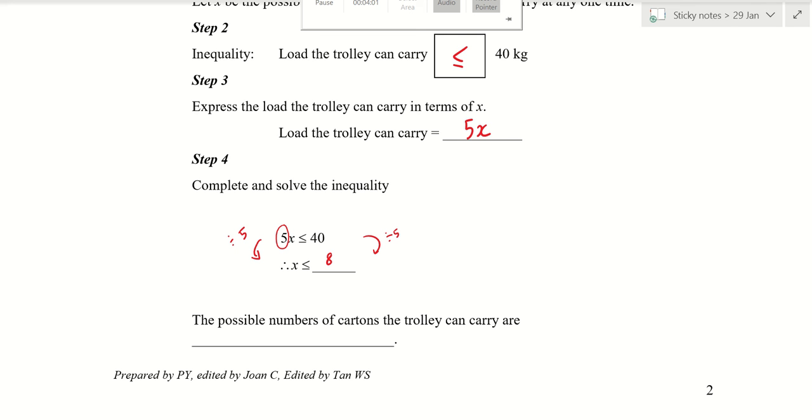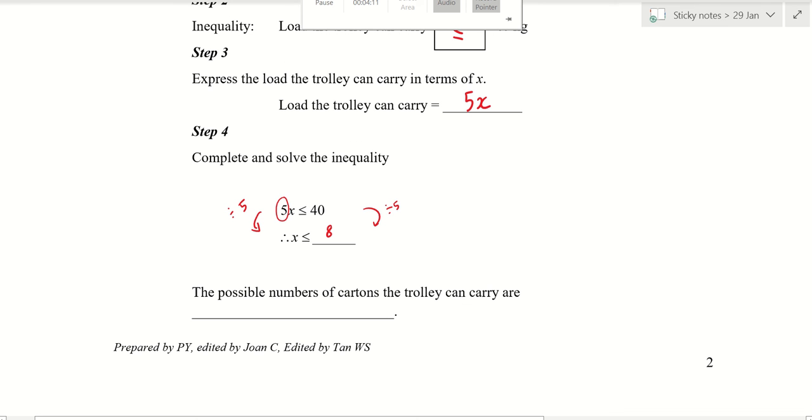So now the inequality reads x is less than or equal to 8. So the possible number of cartons that it can carry are all the way from 0, 1, 2, 3, 4, 5, 6, 7, and 8. But if they ask you for the maximum number of cartons, then the answer will be simply 8.